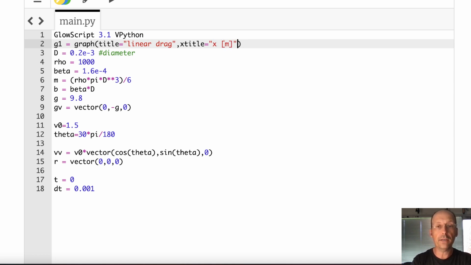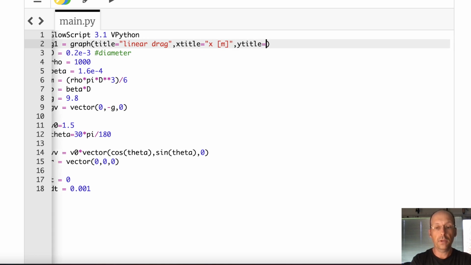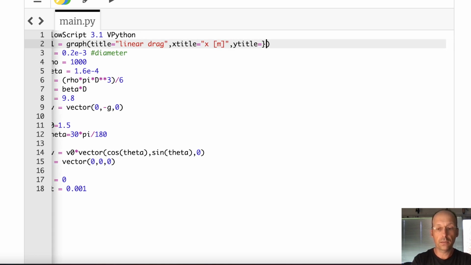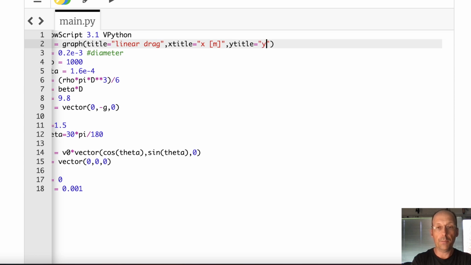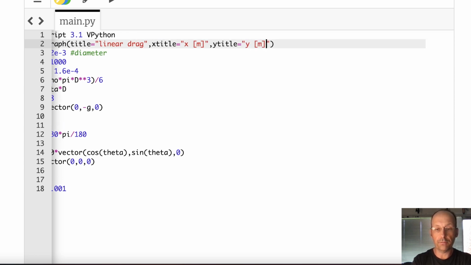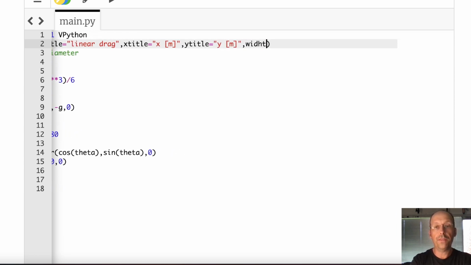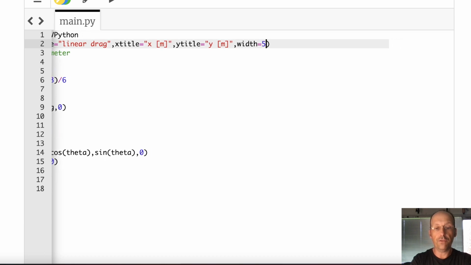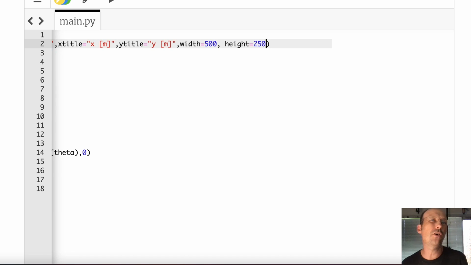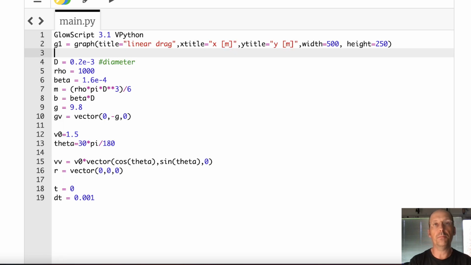And then the y title is y. I'm flying over the graphing part because I don't really care. Width equals 500. Height equals 250. If you don't do that, the graph ends up usually being pretty big, and I don't like it. So let's say F1 equals gcurve, color equals color.blue. And this will be my numerical calculation. I can put a label in there. I'm not going to.